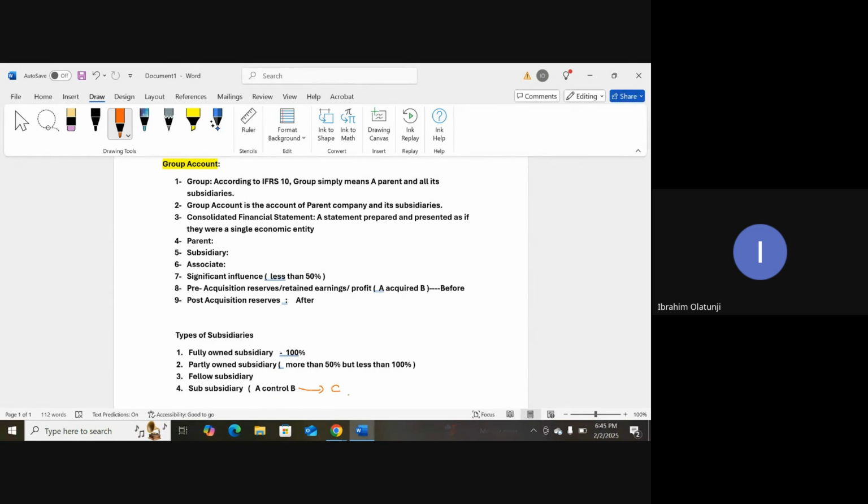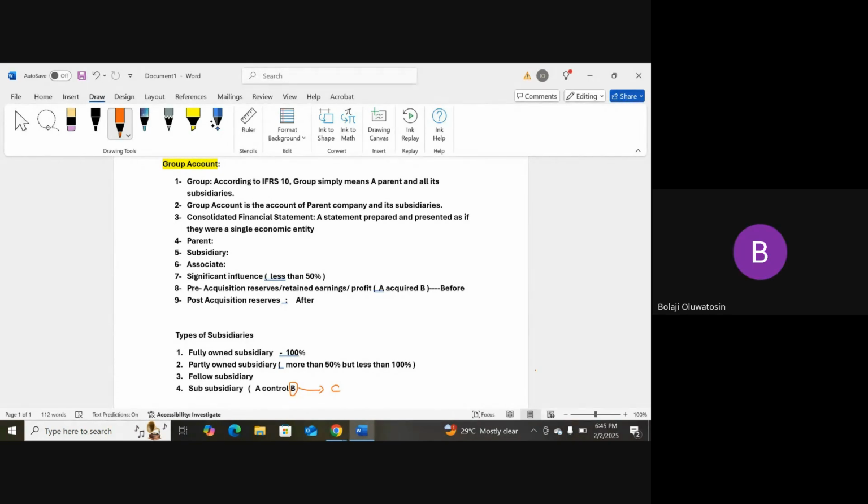Sub subsidiary. Company A controls B, but this B now controls what? C. We call it what? Sub subsidiary. Are we good to go? Yes, sir.